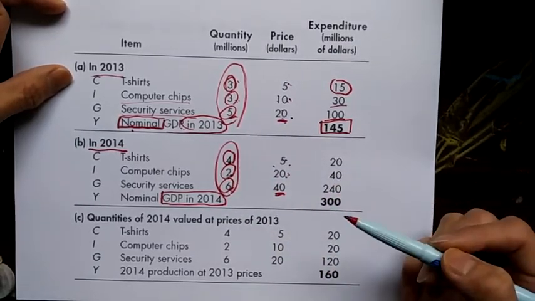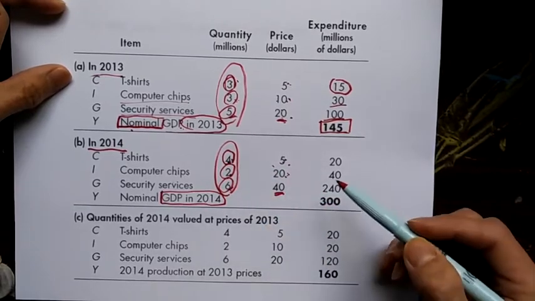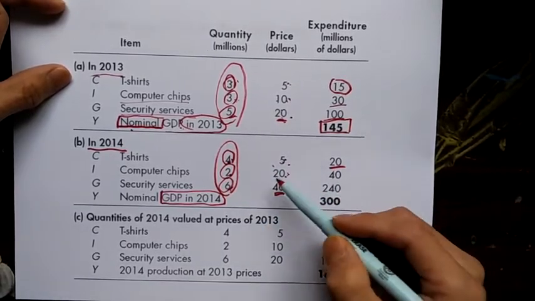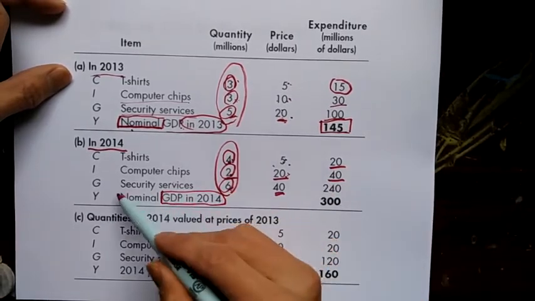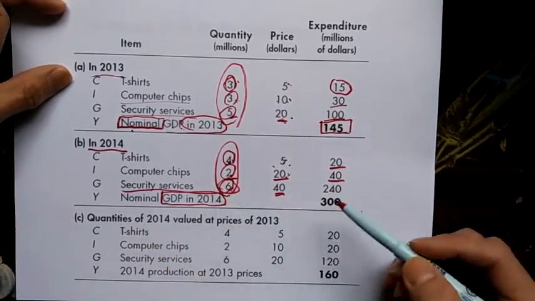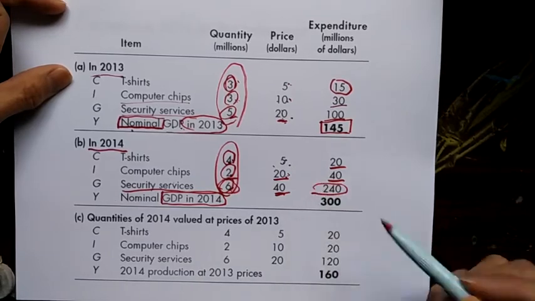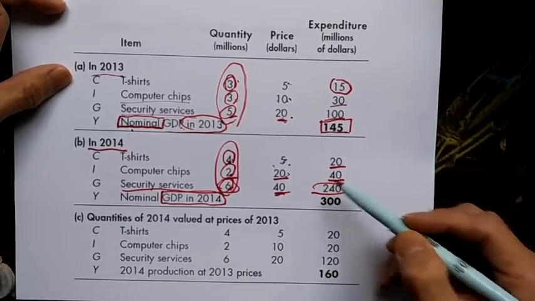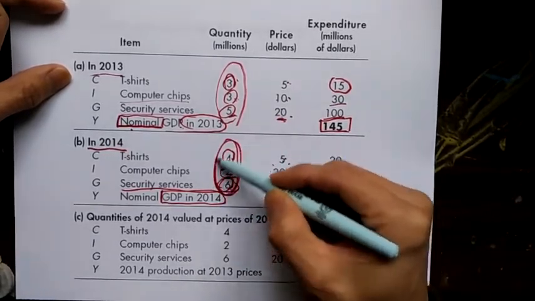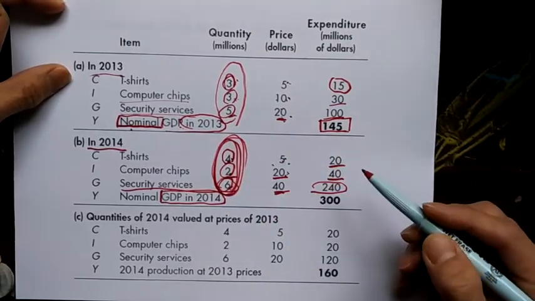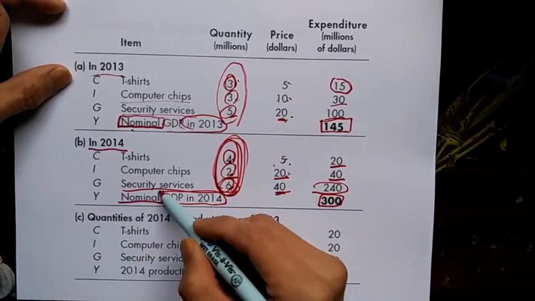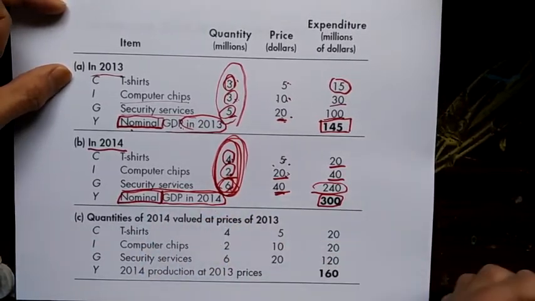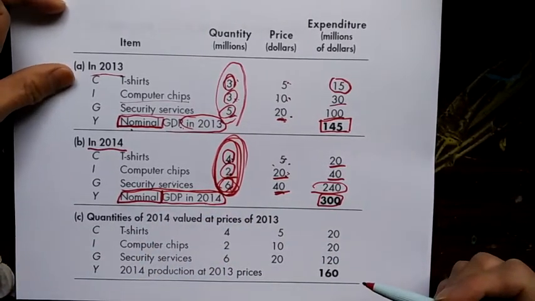The answer is $5 for each T-shirt, so it's $20. $20 for each chip is $40. The market value of 6 security services is $240. Therefore, the market value of these productions is $300. And we call that nominal GDP in 2014.